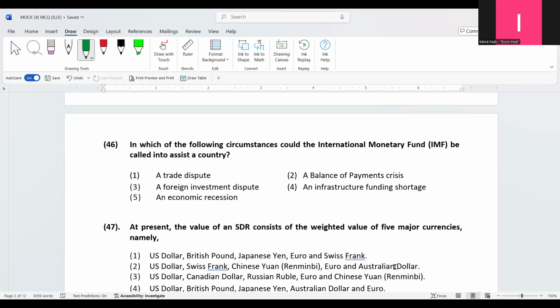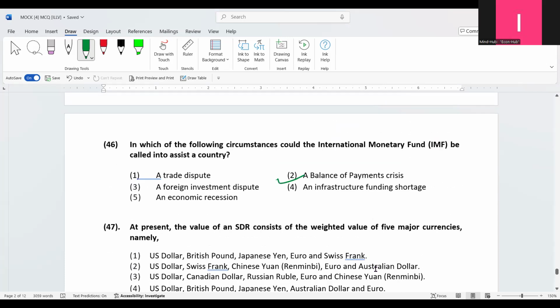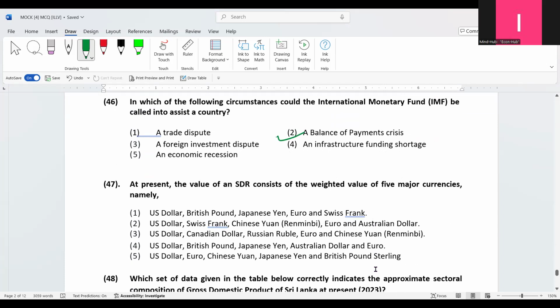That's where their expertise is. So answer number 2. Okay, debt crisis, all that is there, but it has to be connected with the BOP, that is their main area of focus. IMF doesn't get involved in a country when they have a social issue or civil conflict or something. IMF has nothing to do there.